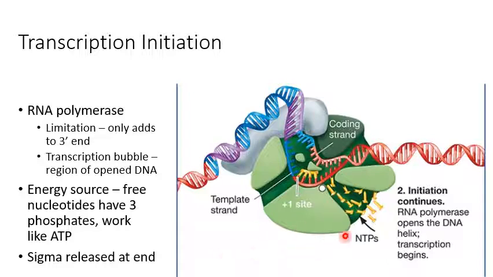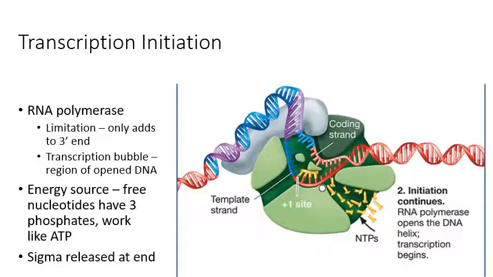The energy source for this, of course, you do need energy. You're building a big complicated mRNA molecule, so it's not free, it costs energy. The energy source is not ATP exactly, but it's actually the nucleotides themselves. Every nucleotide has 3 phosphates attached to it. So if you break off the last phosphate, you're going to release energy.